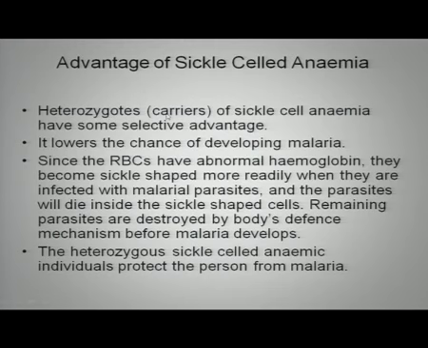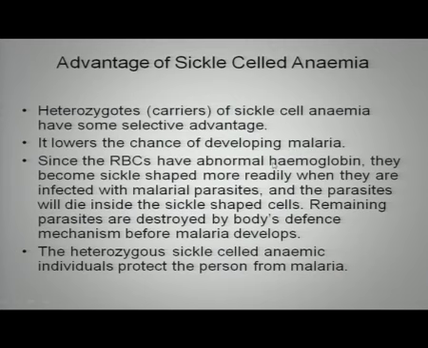Heterozygotes with a capital H, B A gene and HBS allele, they have some selective advantage over the normal individuals. It lowers the occurrence of malarial disease.